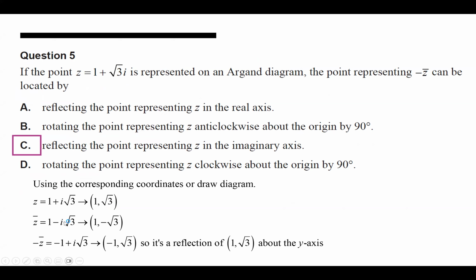And z bar is negating your imaginary part, so it's (1, minus root 3). And minus z bar is putting a negative on both. Therefore, you will get minus 1 plus i root 3, which corresponds to (minus 1, root 3). So it is a reflection about the y-axis. And therefore, we are saying we reflect the point representing z in the imaginary or vertical axis.